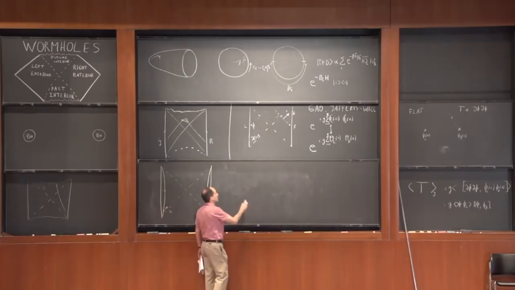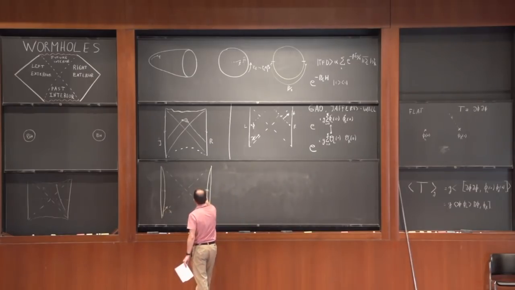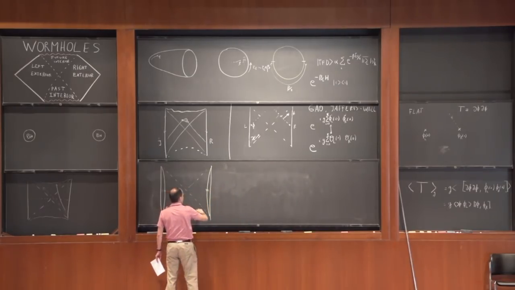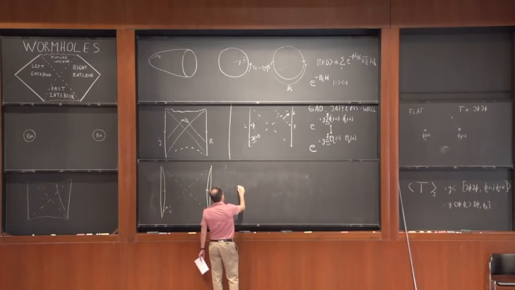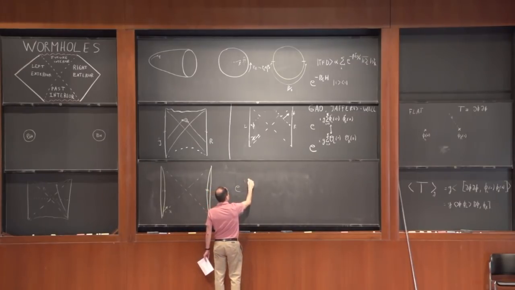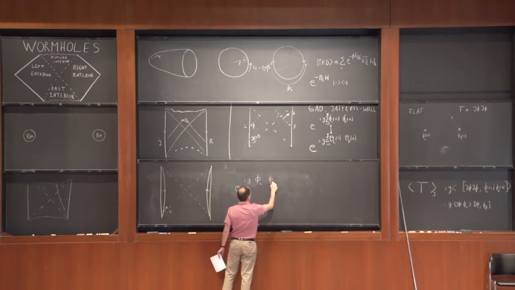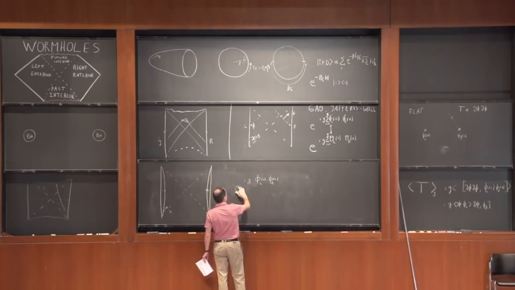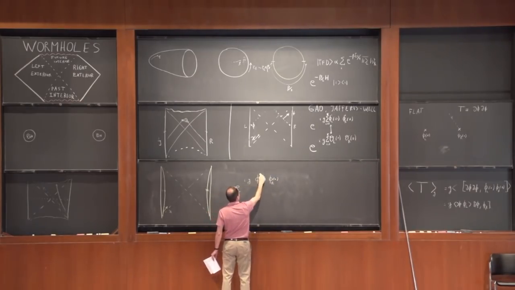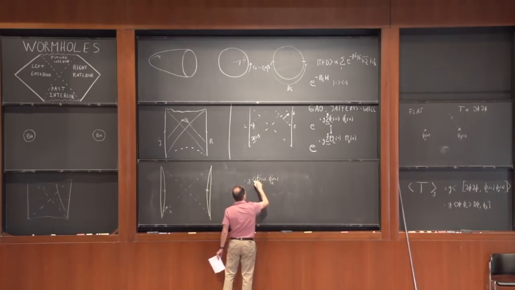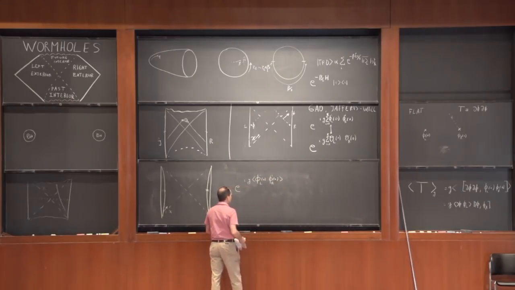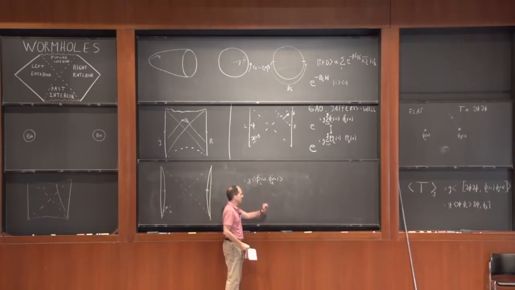And here you can view this interaction as inserting in the path integral that operator, I'm just rewriting what we had before, phi left, phi right at 0. And we can approximate this time evolution by taking the expectation value of these operators in the exponent.